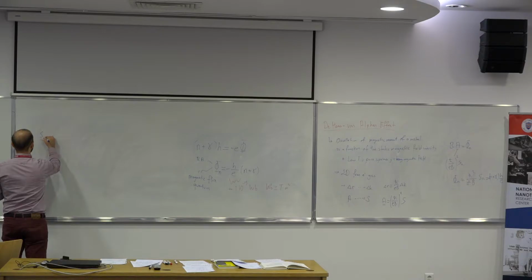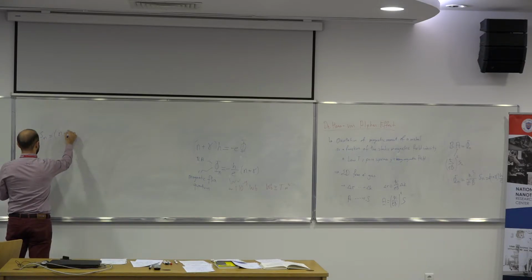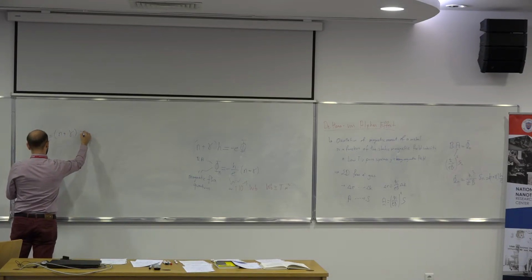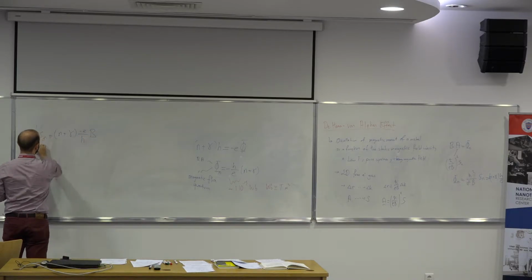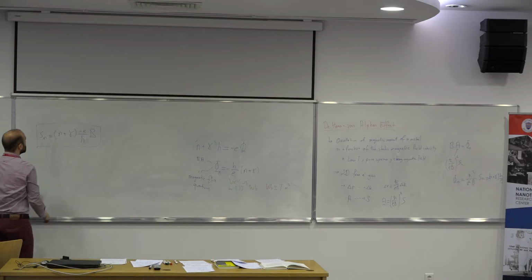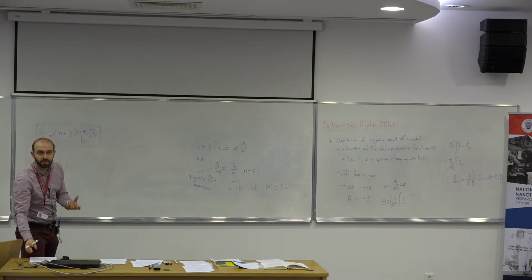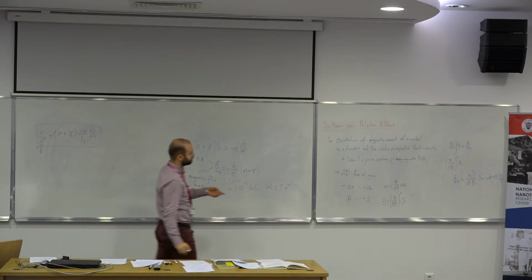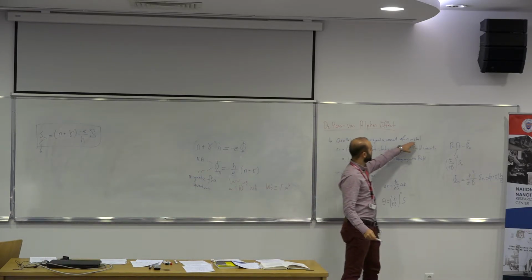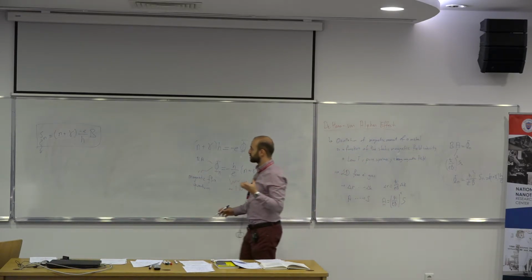So Sn is n plus gamma minus E h b. So for any change, since we are looking at a metal, the electrons.